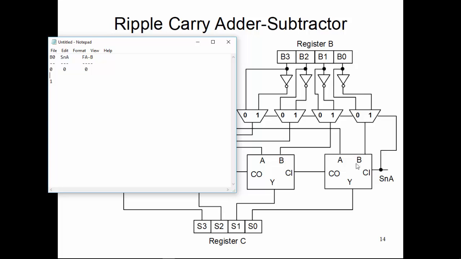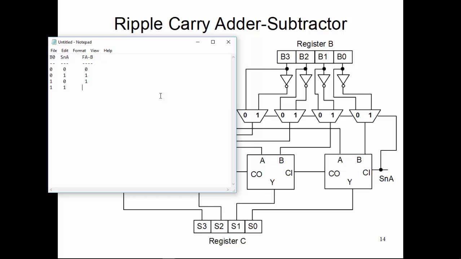If, let's say, B0 was 0 and SNA is 1, meaning I'm doing a subtraction here, your B port has to be fed with 1. Now if B0 is 1 again and I'm doing an addition, I have to feed in the non-inverted form of that B0 bit into the B port of the first stage full adder. And same B0, if I'm doing subtraction now, SNA set to 1, I need to feed a 0 here.